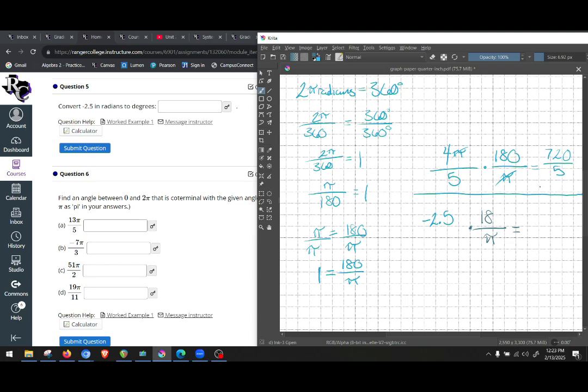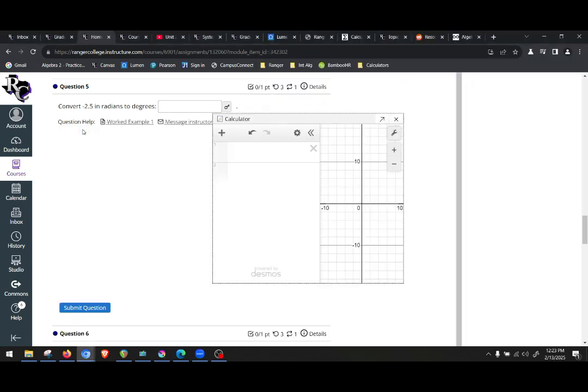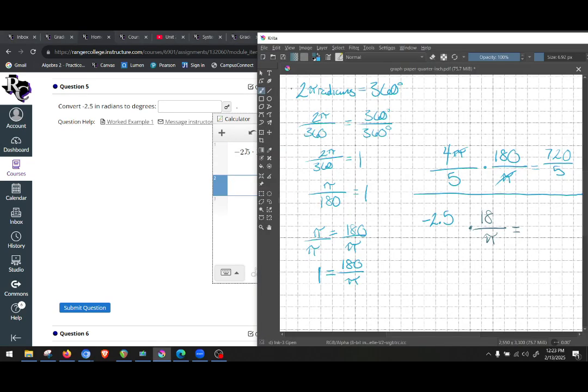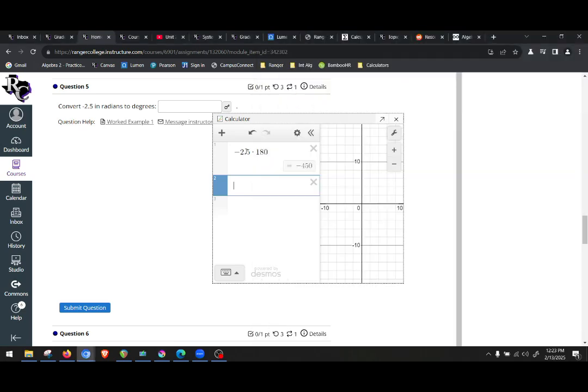Negative 2.5 times 180 is negative 450. Then if we take that and divide it by pi, we get negative 143.24 degrees.